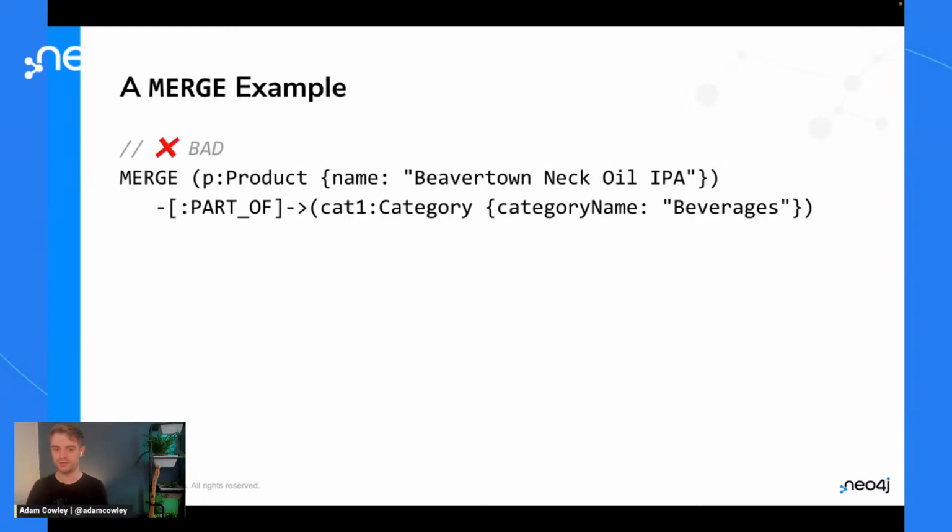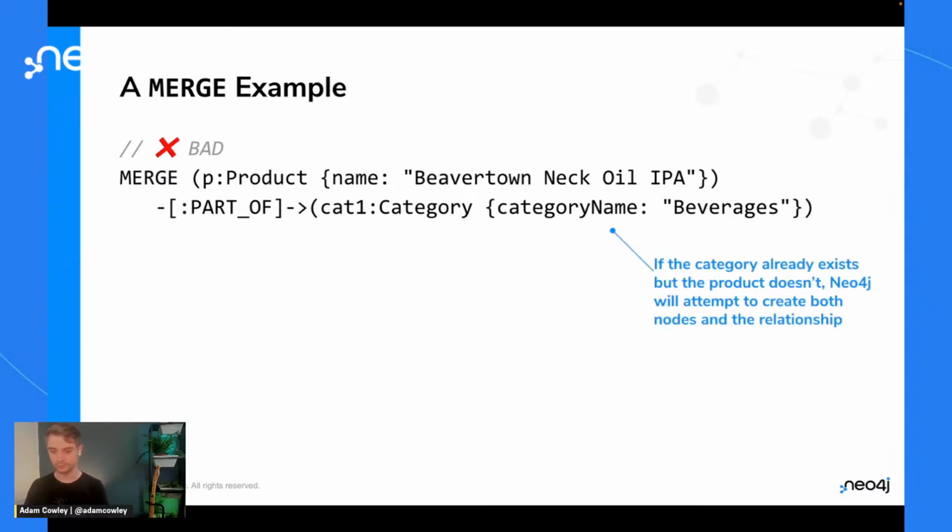As an example, this is a bad statement here. This is definitely the first thing that I did when I tried the merge statement, but the first thing that many people do is try to do too much in one statement.